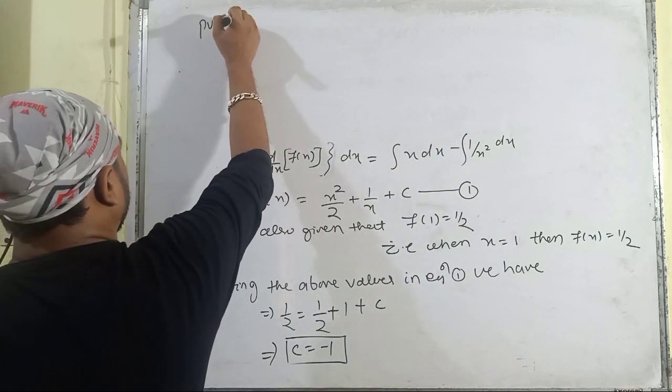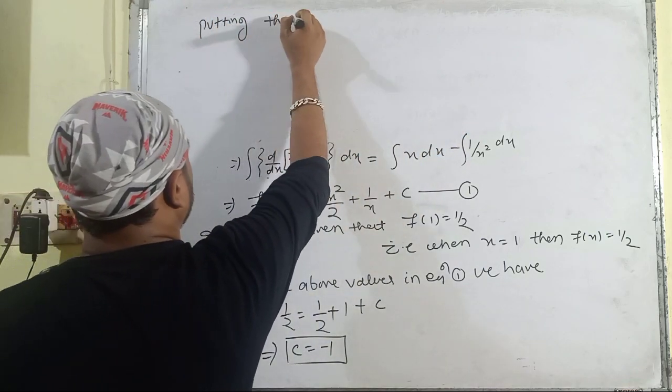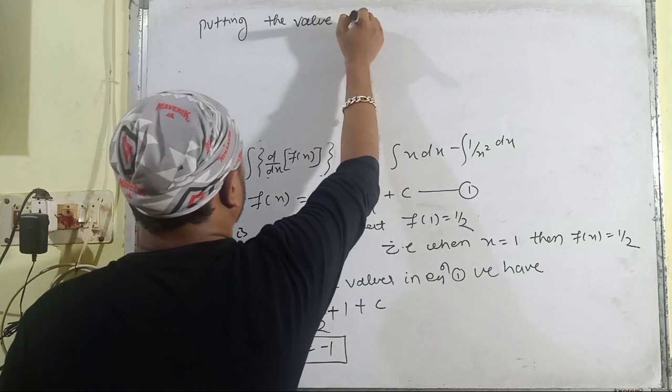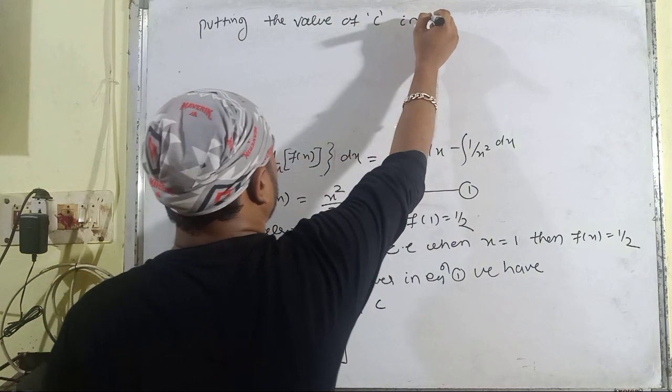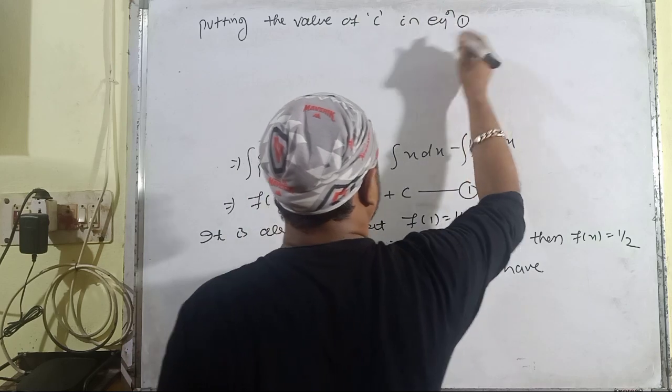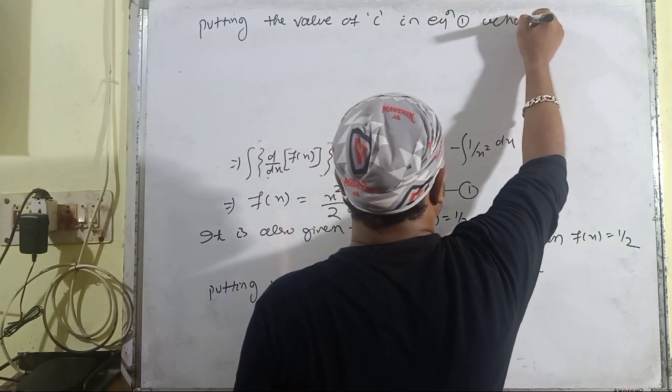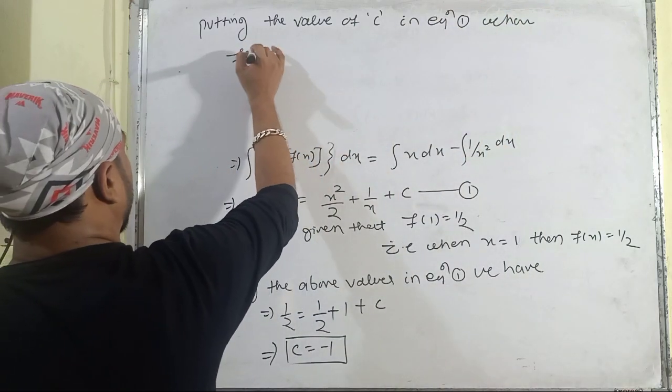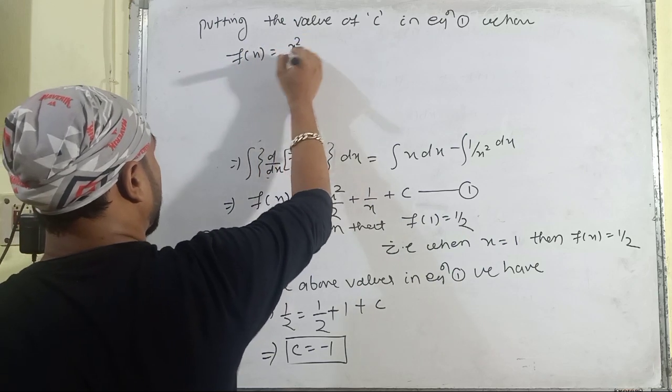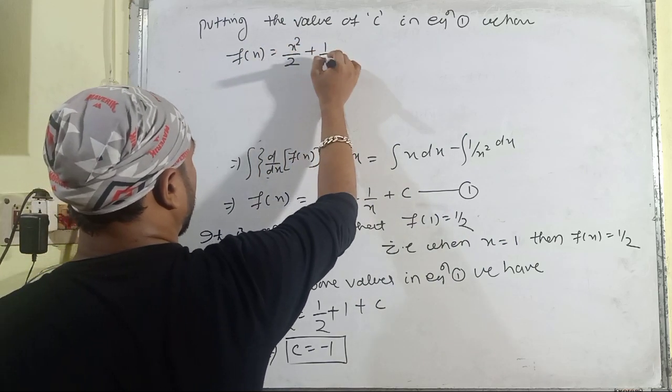Putting the value of c in equation 1, we have, it will be f of x is equal to x square divided by 2 plus 1 upon x.